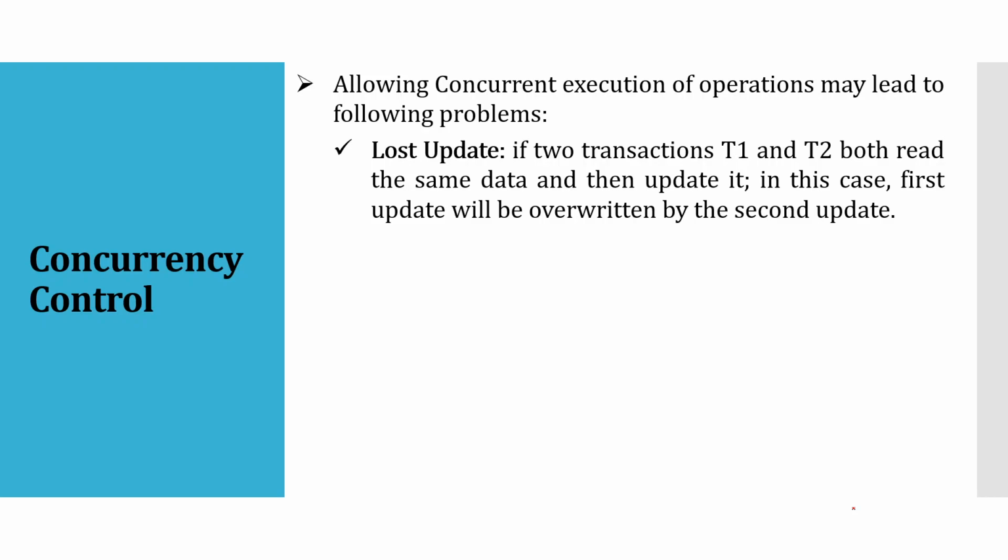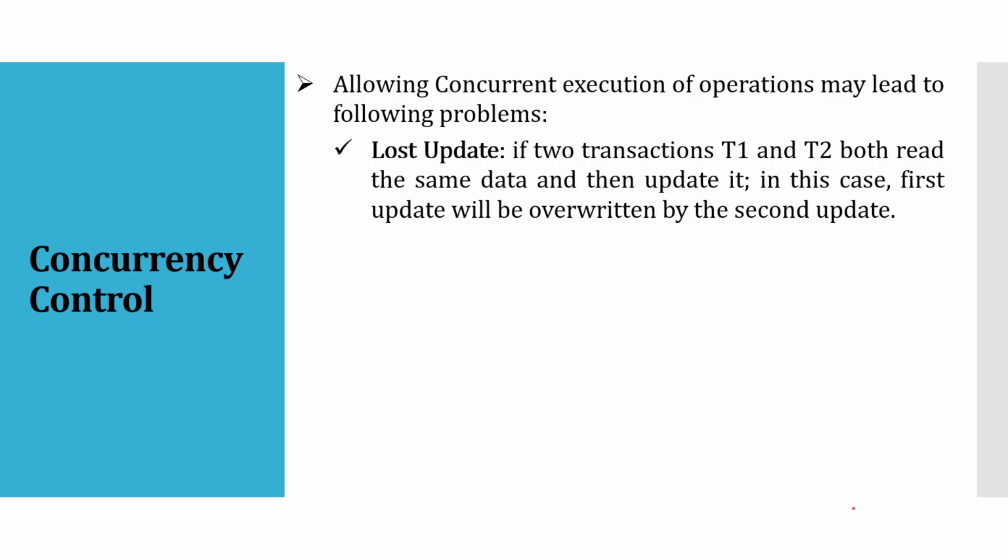If two transactions T1 and T2 both read the same data item, let us say that is the item T1 and T2 are reading, and after reading both are updating that item, right? At the same time they are reading the item, at the same time they are updating the item. Then what will happen? In this case the first update will be overwritten by the second update.